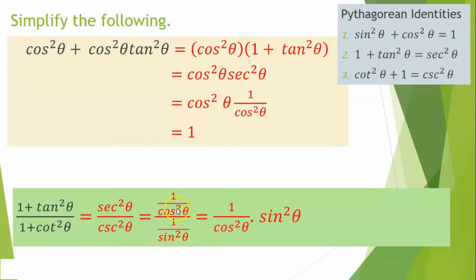So simplifying this, reverse the denominator, then multiply. So we will end up with sine squared theta over cosine squared theta. Now take note, by the quotient identity, sine over cosine is tangent. So therefore, the simplified value of this is tangent squared theta. Next.